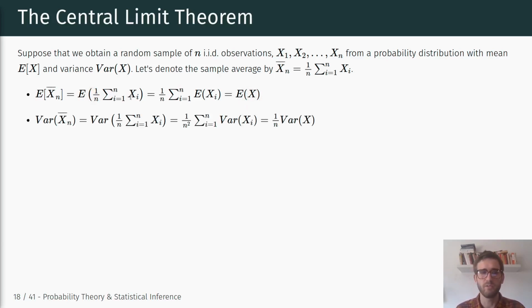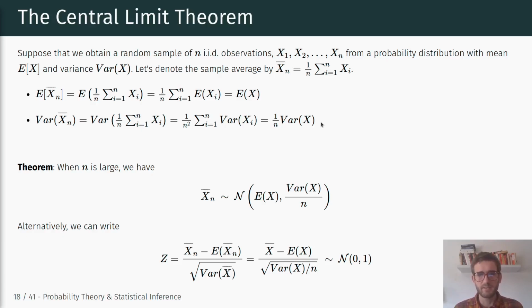We can also compute the variance of x bar across these n observations, and that just turns out to be 1 over n times the variance of x, because again we pull out 1 over n, that's 1 over n squared. We can pull out the sum, so that's n times the variance of x i, so 1 over n squared times n times the variance of x i turns out to be 1 over n times the variance of x.